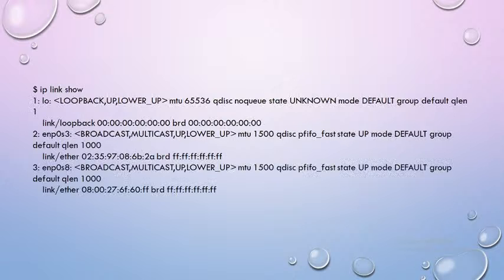One example of ip link: as you can see, Linux output is not very uniform. The outputs are represented in a very haphazard way, because it's an open source system.